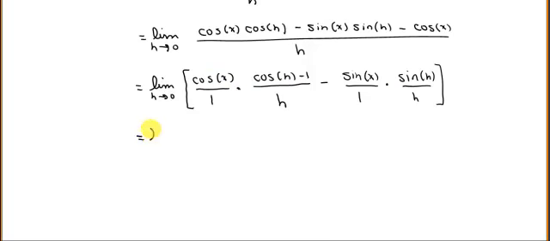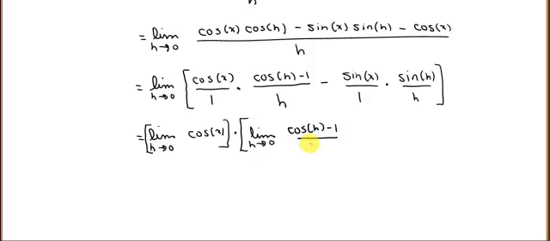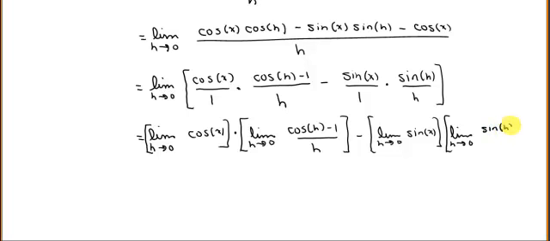This is the limit as h approaches 0 of cosine of x times the limit as h approaches 0 of cosine of h minus 1 over h minus the limit as h approaches 0 of sine of x, times the limit as h approaches 0 of sine of h divided by h.